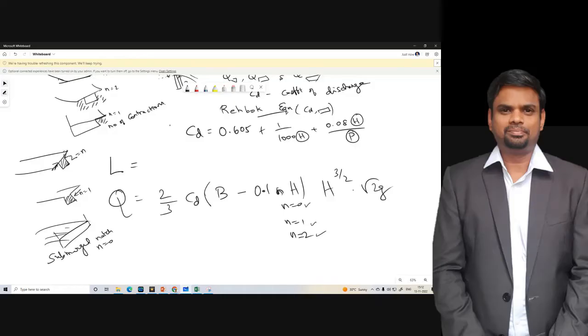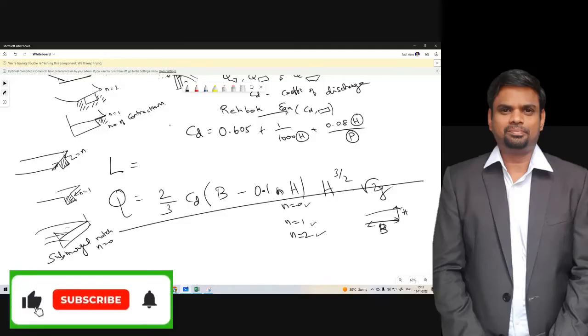B is the width of the fluid or length of the weir, and H is the height of the liquid flowing over it. So this equation is used to determine the discharge using this empirical equation, which is called the Francis equation.